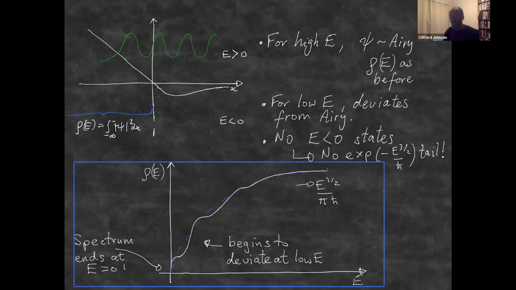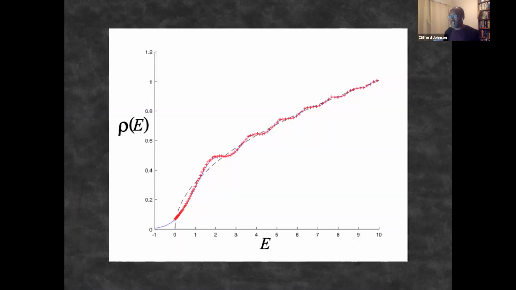If you actually solve that problem, as I did, you'll see that the spectrum is what you might anticipate. It has a lot of similar character to the Airy problem, but then actually stops at E equals 0 and doesn't have that unpleasant non-perturbative sector.